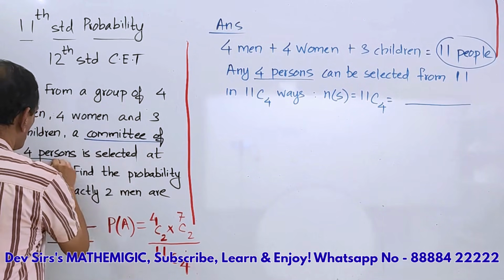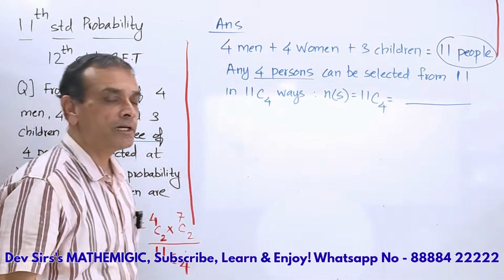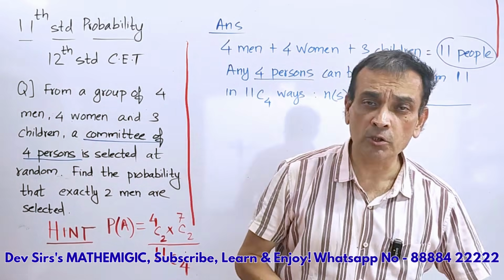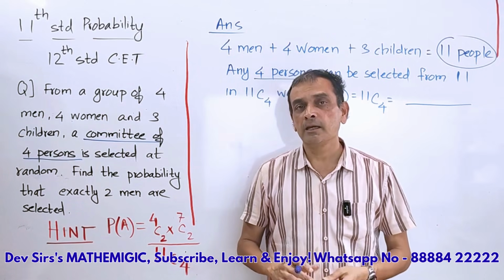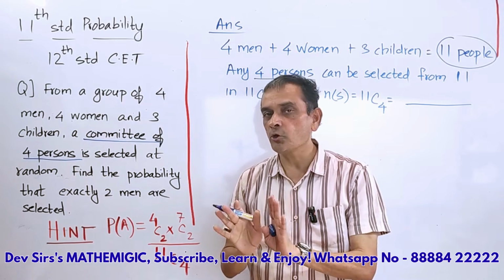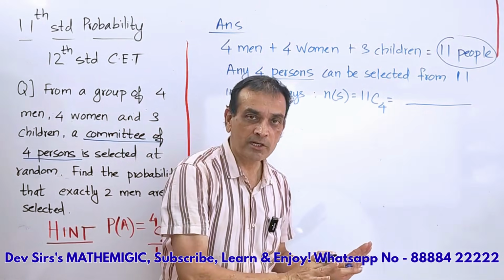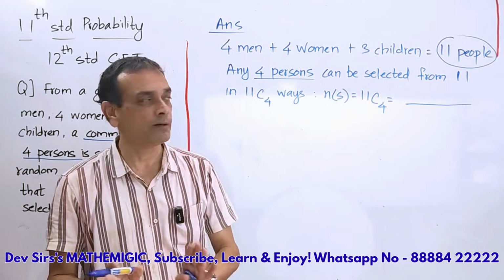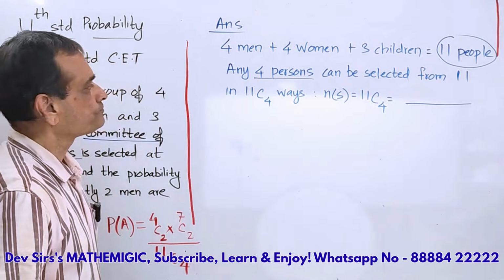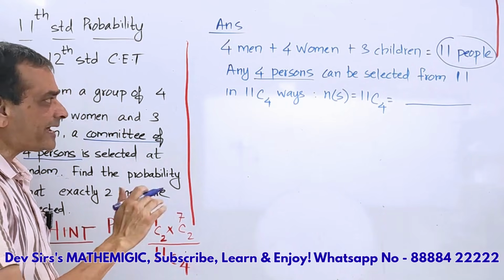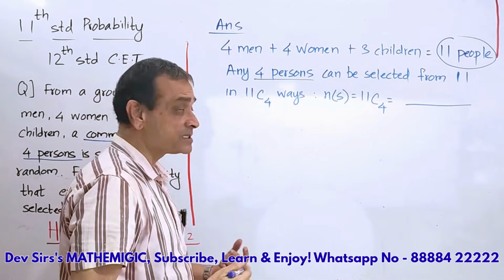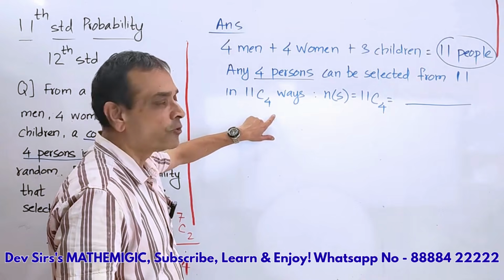So what is the total possible number of ways? Selection from 11 means, as I told you, combinations. So this problem again deals with combination first and then the probability formula. Okay, so any 4 persons can be selected from 11 persons in 11C4 ways.